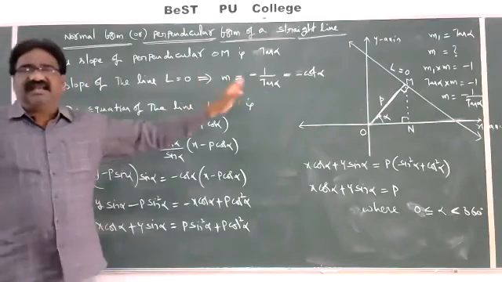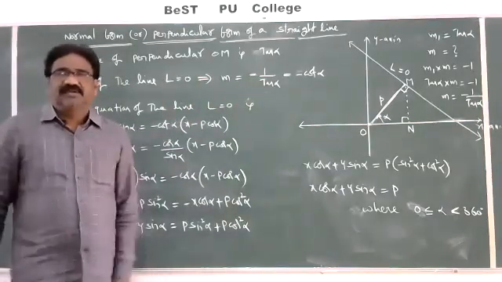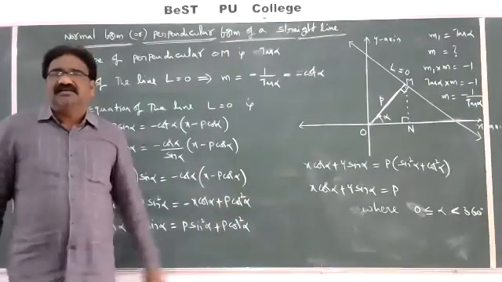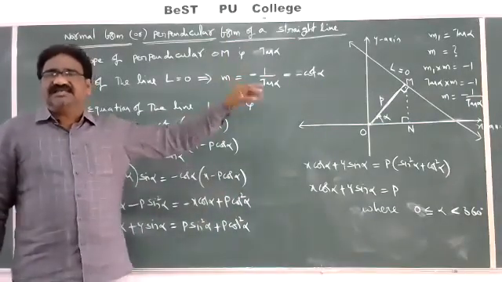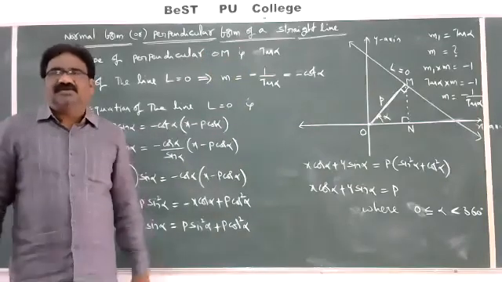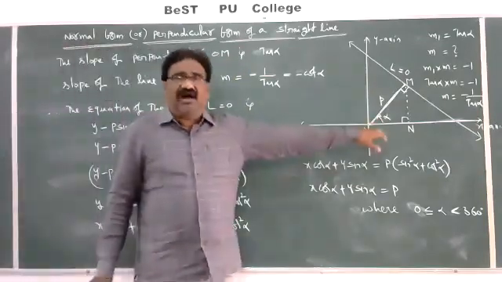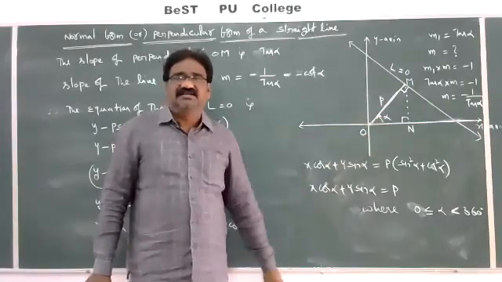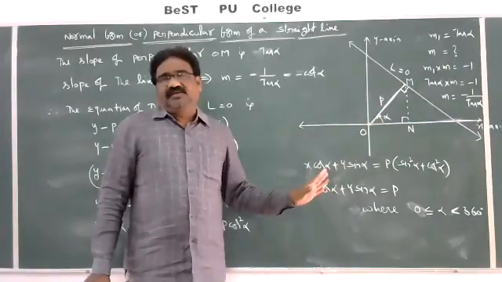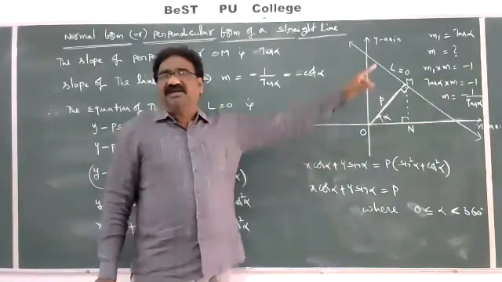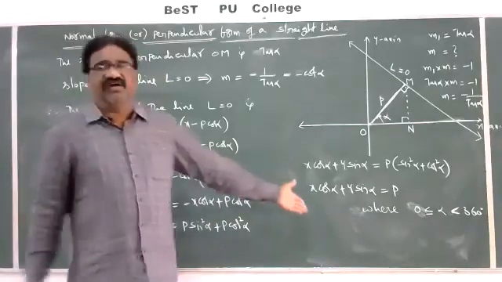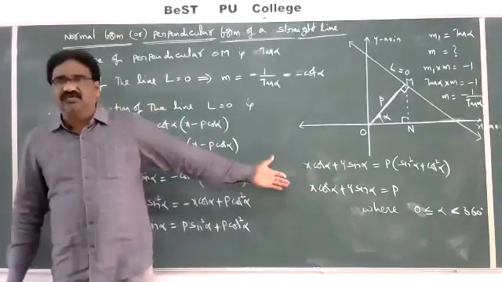If a straight line L is equal to 0, a perpendicular is drawn from the origin to the line L. The distance from the origin to the line is small p. The perpendicular makes an angle alpha in the positive direction of the x-axis. We proved the normal form of a straight line L is x cos alpha plus y sin alpha is equal to p.